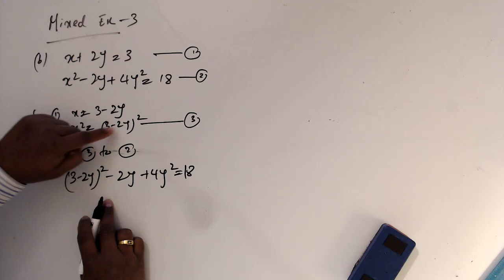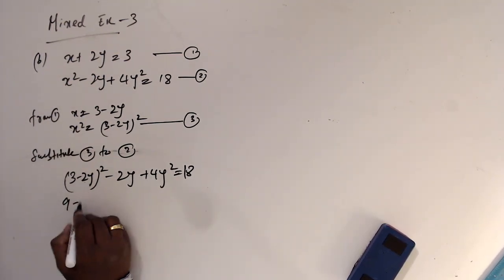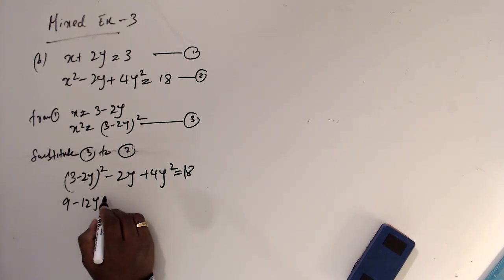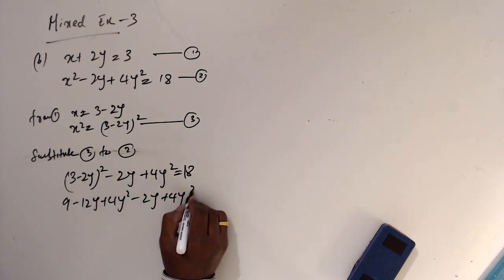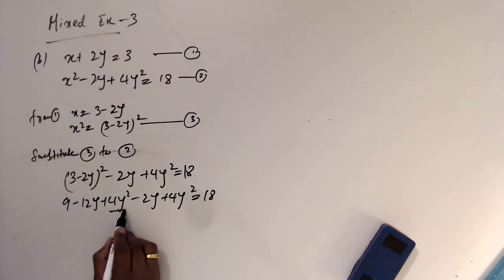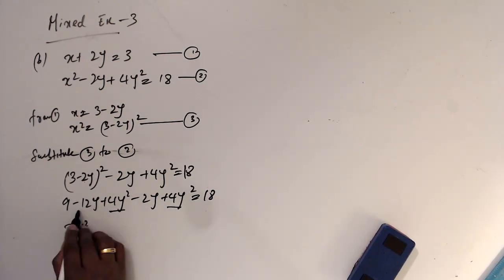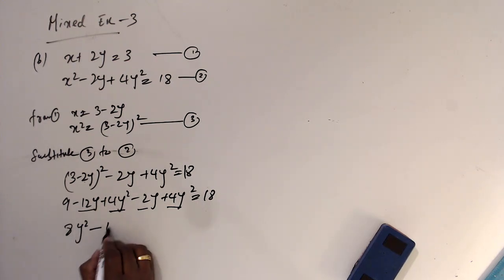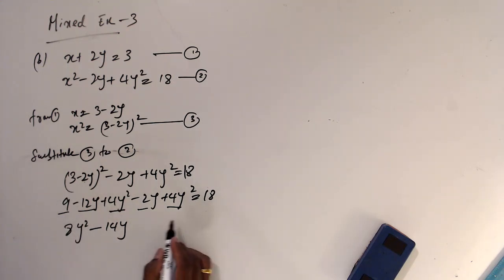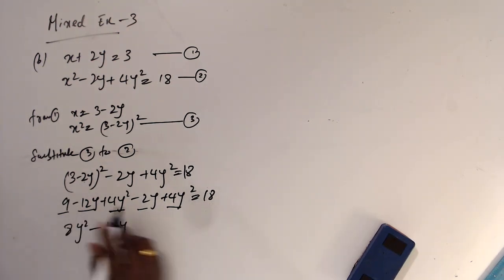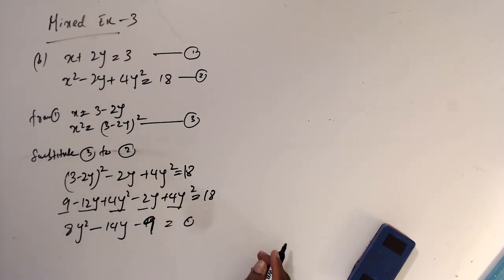Instead of x squared, I substitute (3 minus 2y) squared. Now simplify: 9, 3 times 2 is 6, times double is 12y, plus 4y squared minus 2y plus 4y squared equals 18. 8y squared minus 12y minus 2y is minus 14y, and plus 9 minus 18 is minus 9, equals 0.